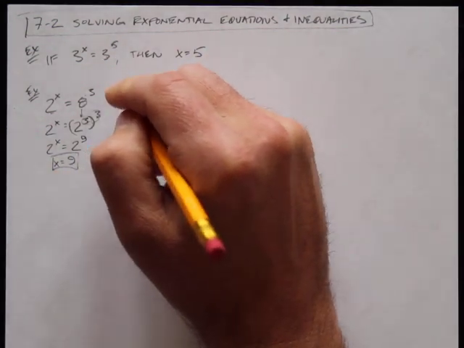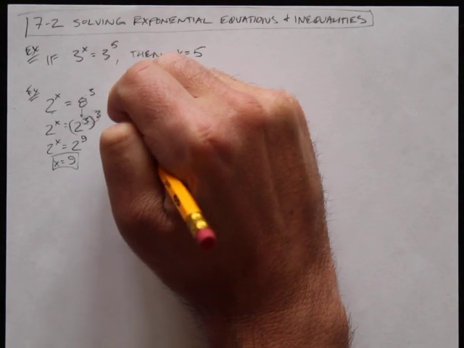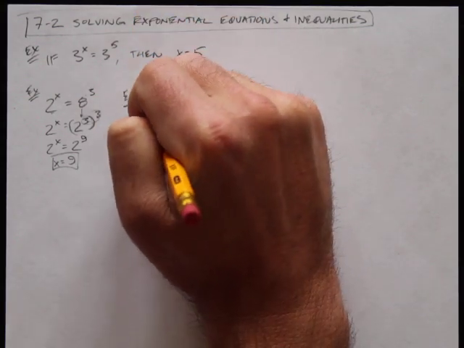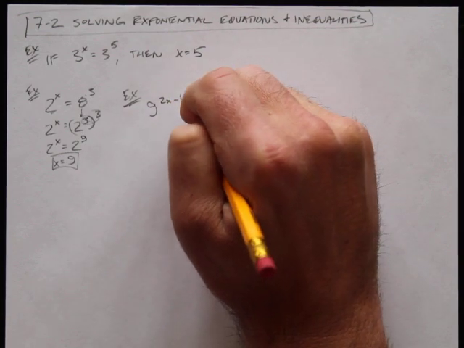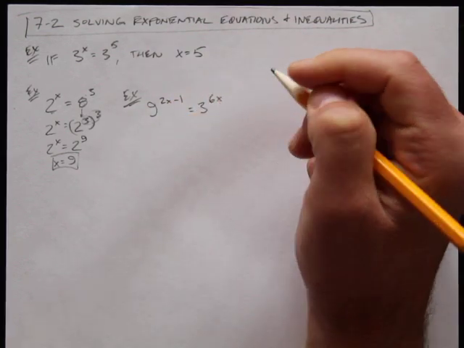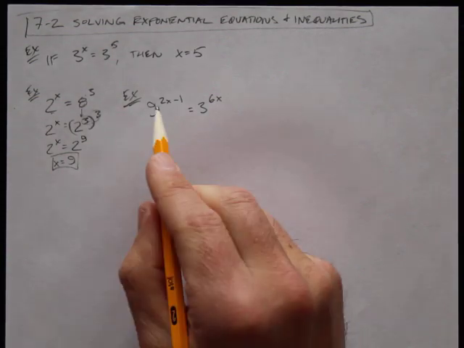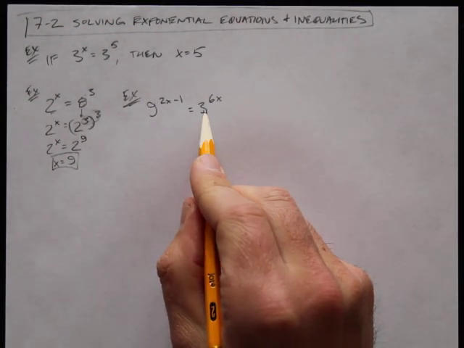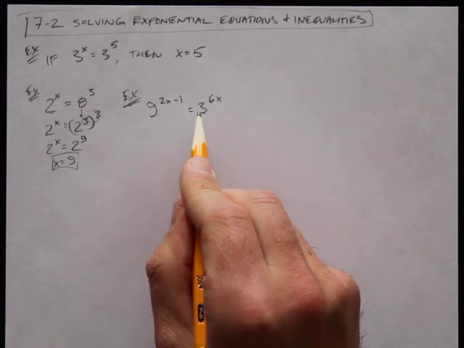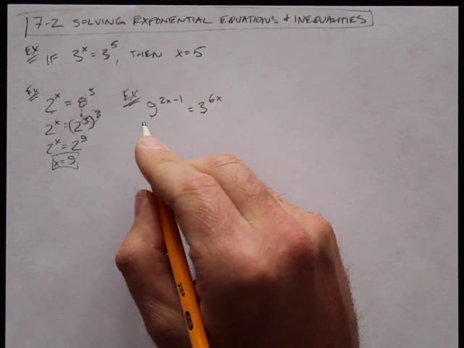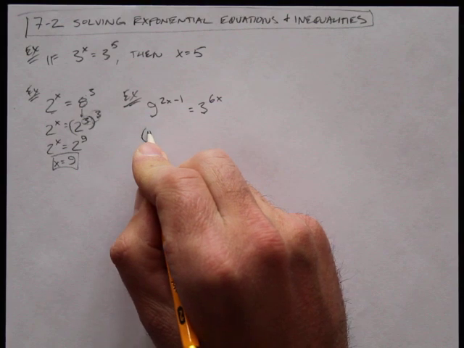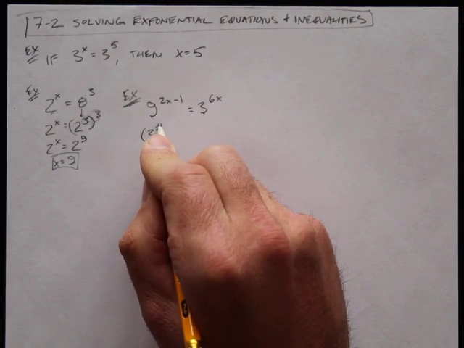Let's do another one. 9 to the 2x minus 1 equals 3 to the 6x. Okay, I want this 9 to be a 3. So 9, if I were to rewrite this with a base of 3, it would be 3 squared.